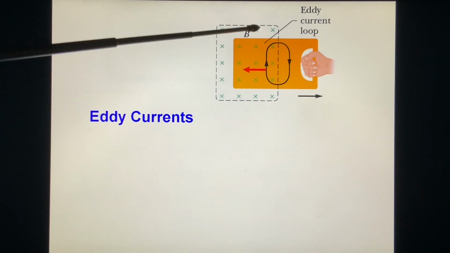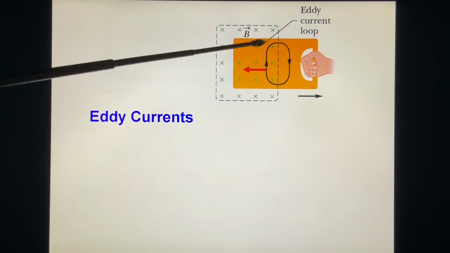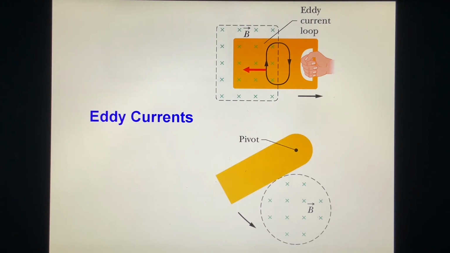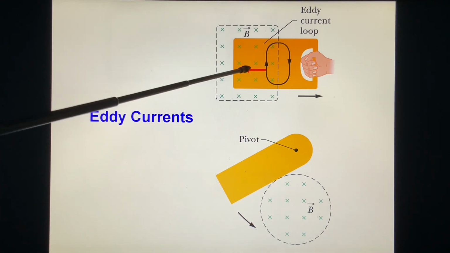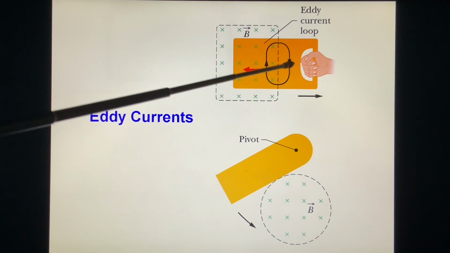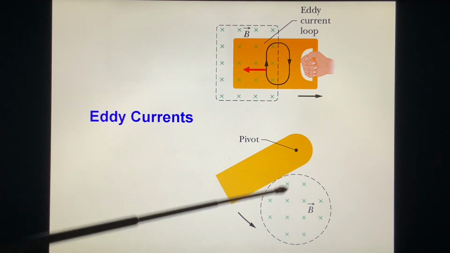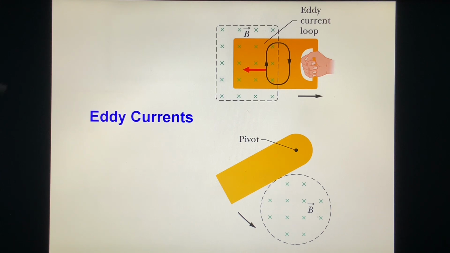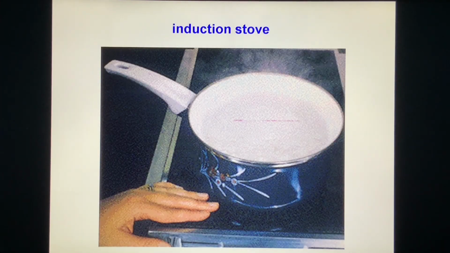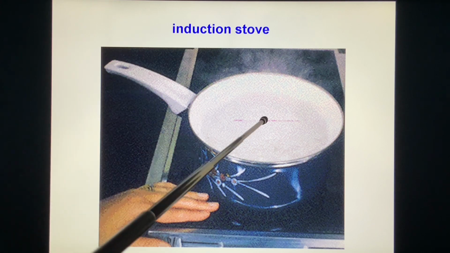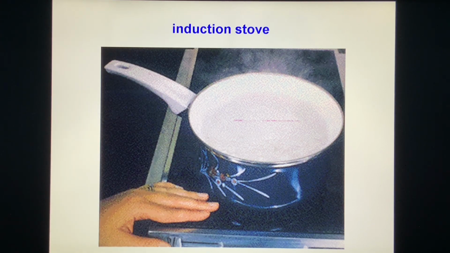And you have a current in the metal, which will produce heat. So when the metal falls through the magnetic field, the field resists the change. We want to pull it out, it pulls back. The motion is retarded and heat is produced. This is how induction cooktops work.